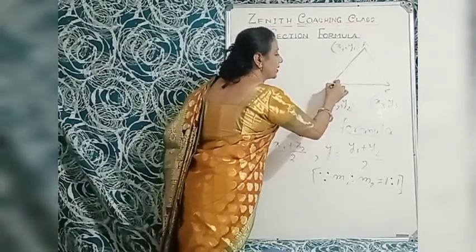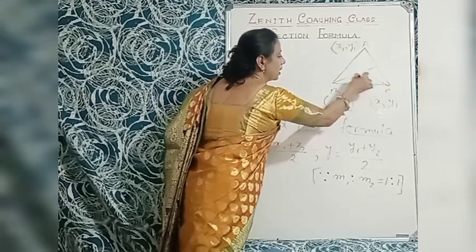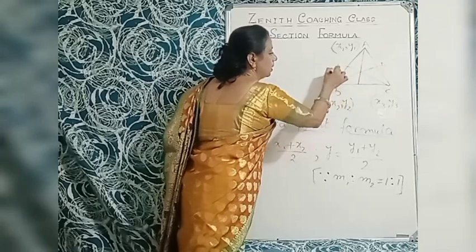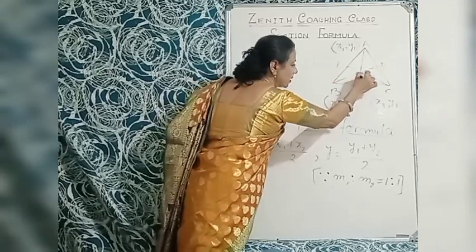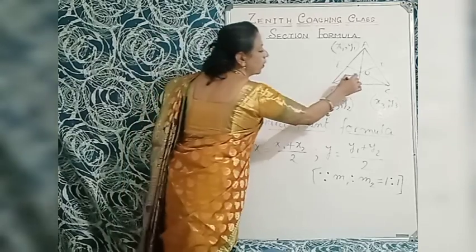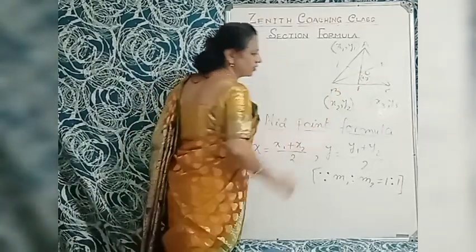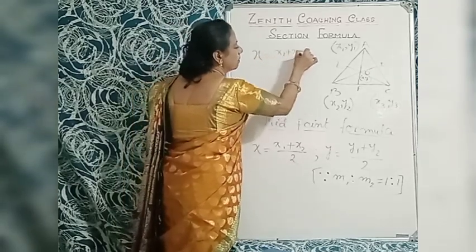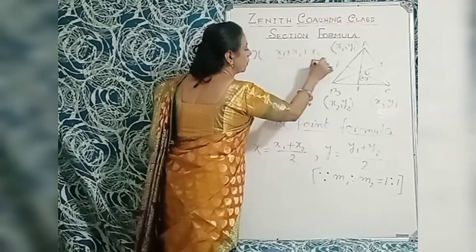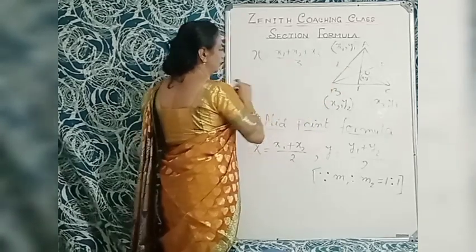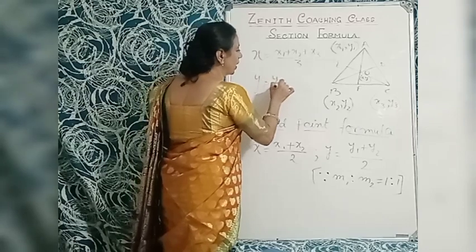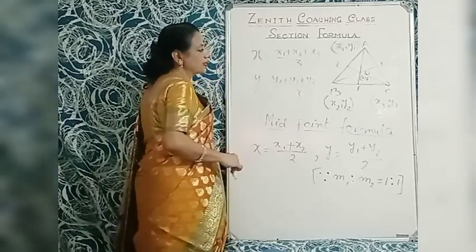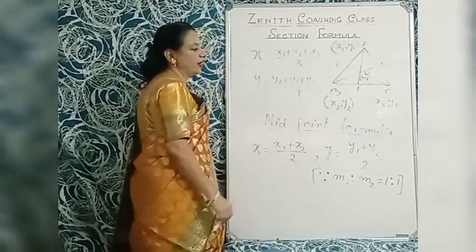Here is the centroid. Centroid means where the medians meet. D, E, F, and O is the centroid. The coordinate of O is (x, y). Let's think x equals to (x1 plus x2 plus x3) by (1 plus 1 plus 1), that is 3, and y equals to (y1 plus y2 plus y3) by 3. This is the coordinate of the centroid.